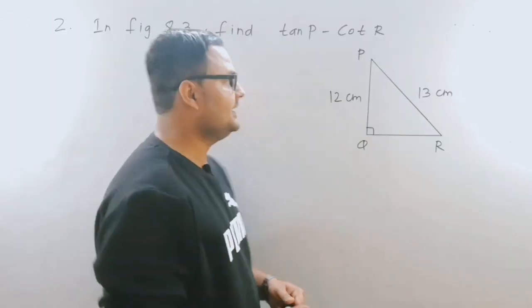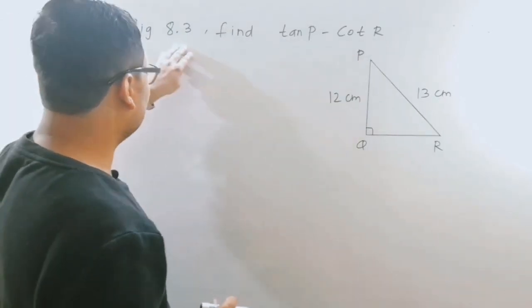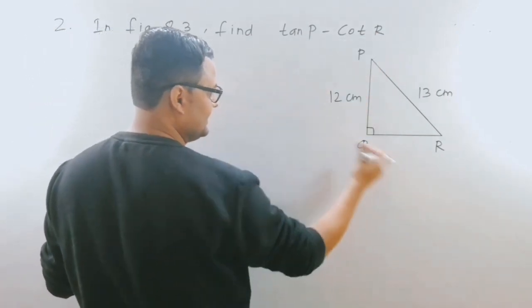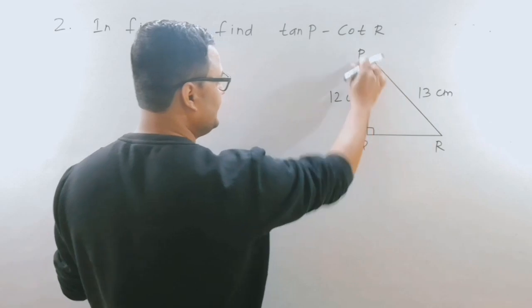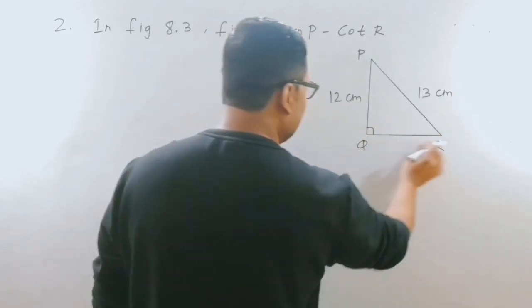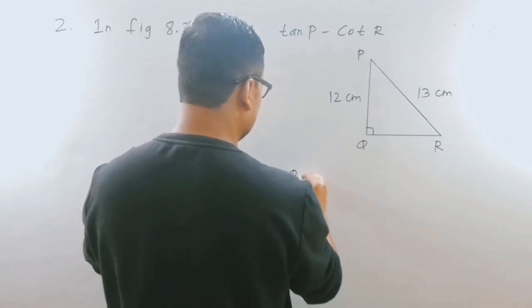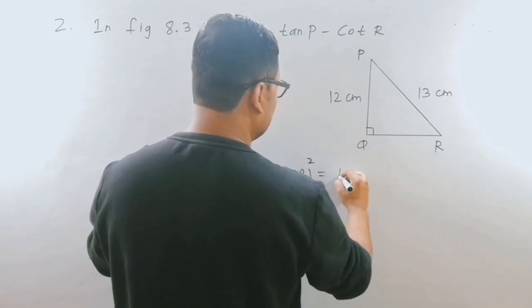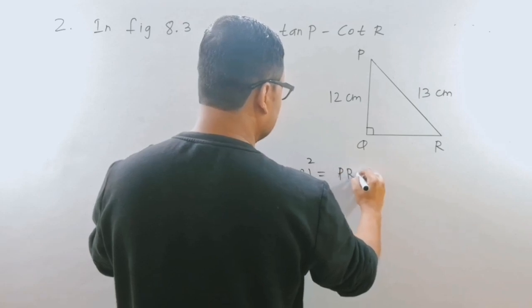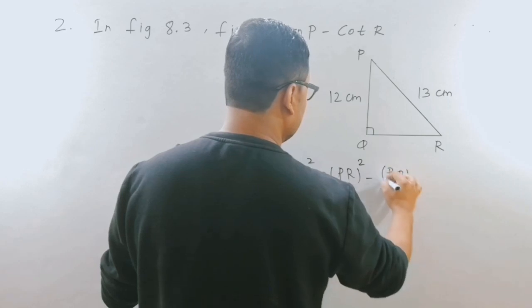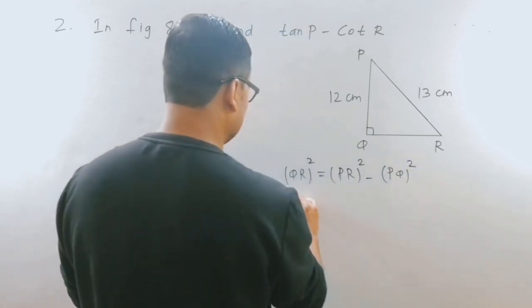Now the second question. In figure 8.3, find tan P minus cot R. This is the diagram given in the textbook, P, Q, R, with 12 and 13. Now I need QR. Using the Pythagoras theorem, QR square equals PR square minus PQ square.